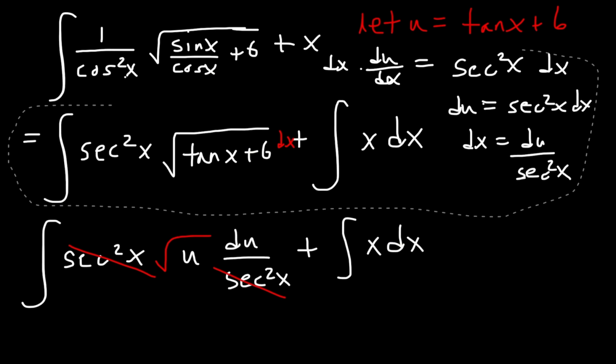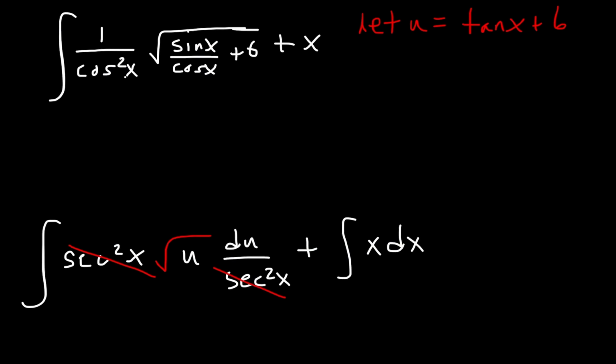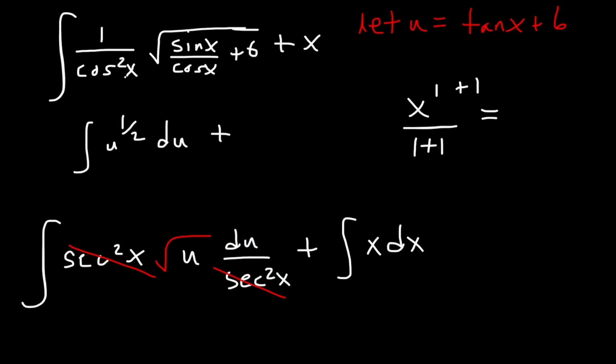So what we're now left with is the integral of the square root of u, which is u raised to the power of 1/2 du, plus the integral of x. We can just use the power rule, so it's x raised to the 1, we'll add 1 and then divide by the exponent on the bottom. So this is just going to be x squared over 2.